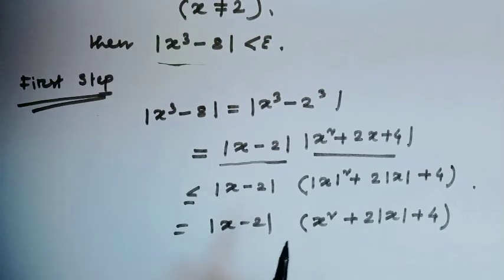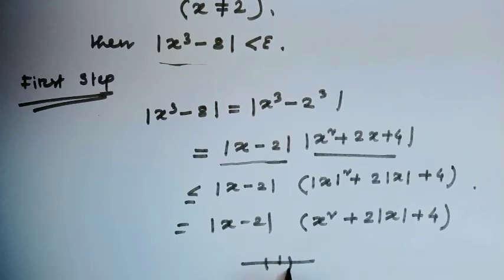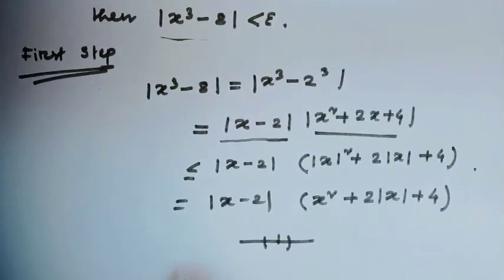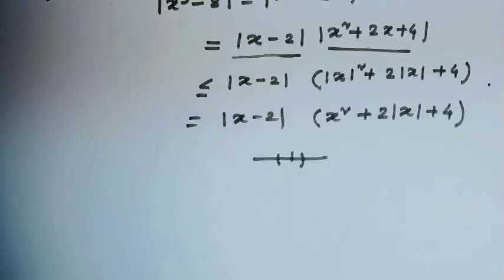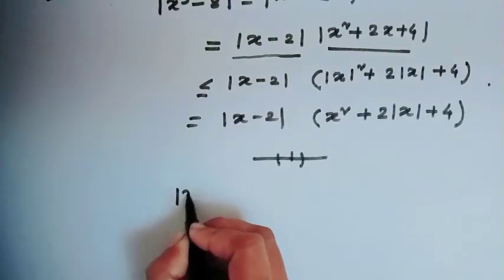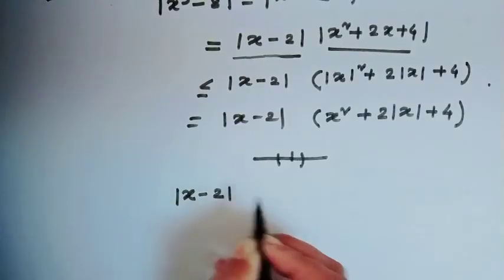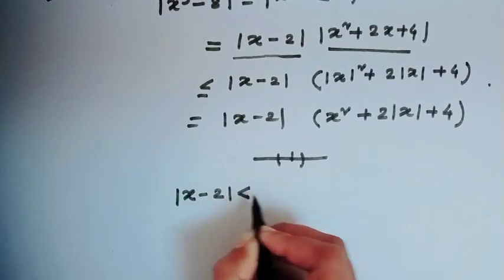And remember, x is very close to 2. Then we can assume the distance between x and 2 is less than some number. Let's assume the distance between x and 2 is less than 1.